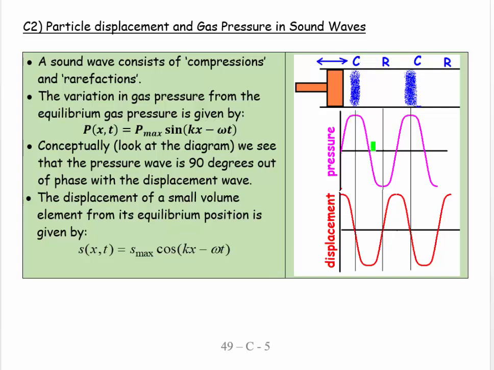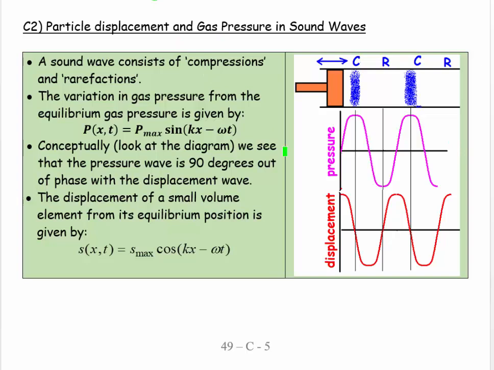So the high pressure bits give us a graph which follows a sine curve. So we can say P max, the maximum pressure, that's like the amplitude, sine kx minus omega t. It's just like it did for the previous equations. And you can tell because it's a negative sign that this wave is moving to the right.